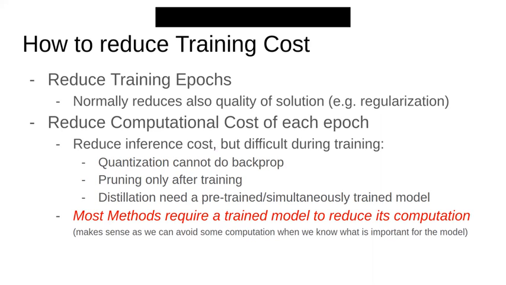Pruning a model during training is difficult and doesn't work very well. Same for distillation and many other approaches. So the bottom line is that most of the methods for reducing computational cost need a trained model. So in this talk, we try to see other approaches to reduce the computational cost of training.